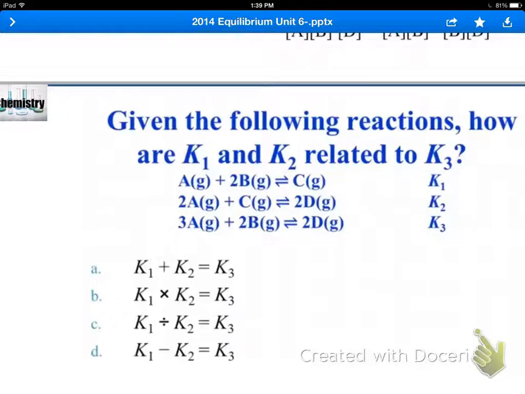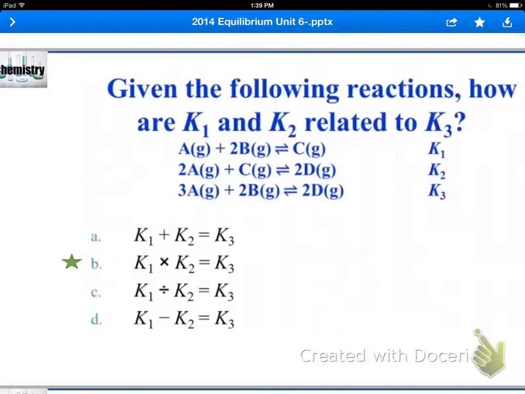If you notice, the C's here cancel out. So what's my relationship going to be here? Hopefully you said the answer is B, because basically what I am doing is adding this equation plus this equation to give me this equation. And when I add two equations, my new K is the product of those two Ks.